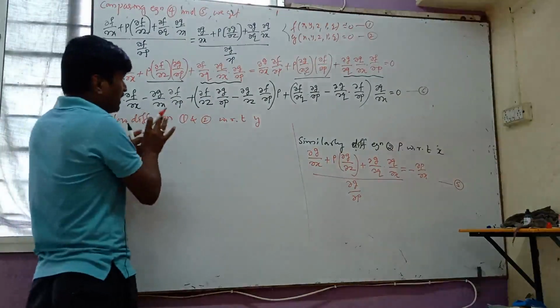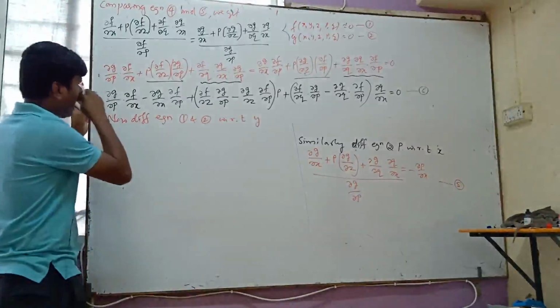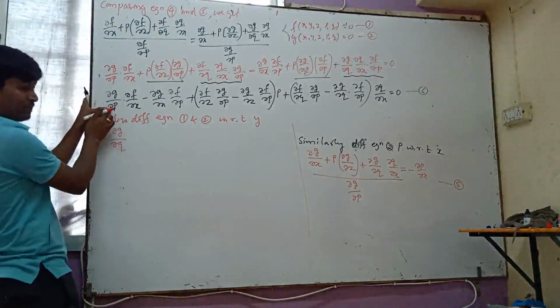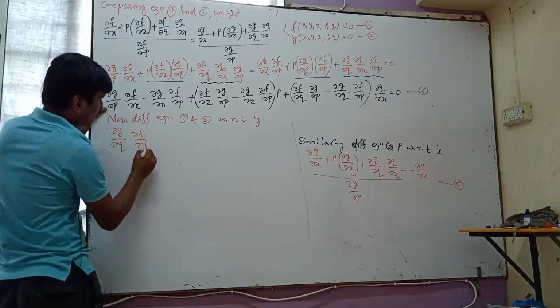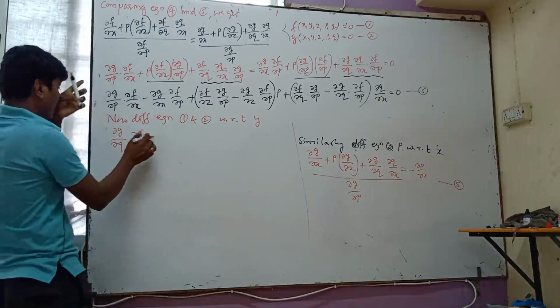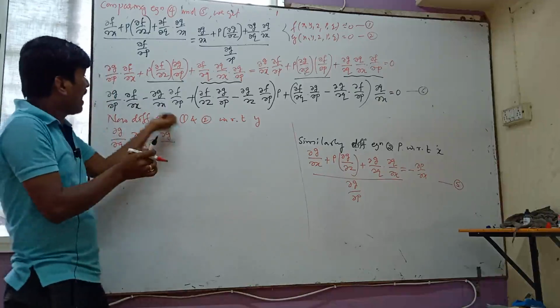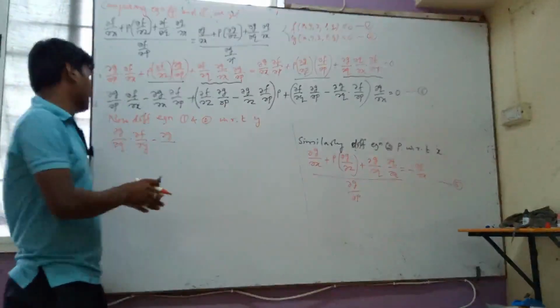So replacing x by y and p by q in equation number 6, I will get dou z by dou q, I am replacing p by q, and dou f by dou y, replacing x by y, minus dou z by dou y into dou f by dou q plus dou f by dou z into dou z by dou q. Because with respect to y means in place of x, y will come, in place of p, q will come.